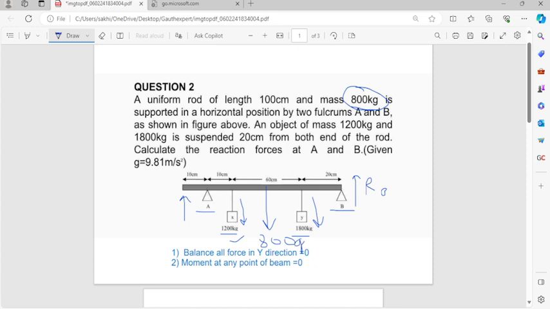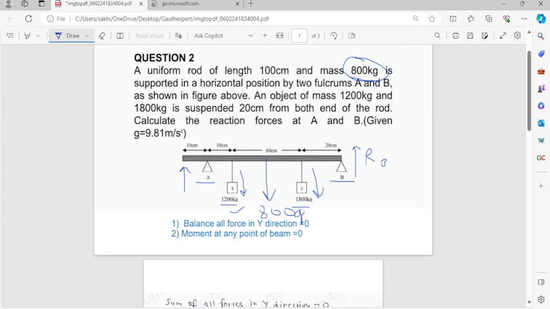Basically, for these types of problems we have to know some basics. We follow two procedures to solve them. First, balance all the forces in the x direction and all the forces in the y direction.